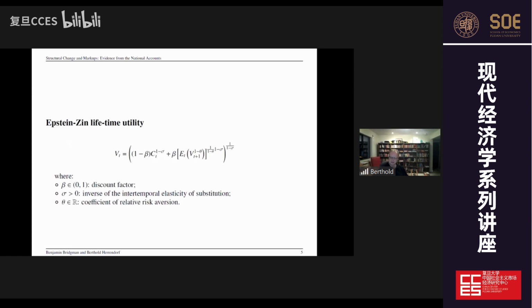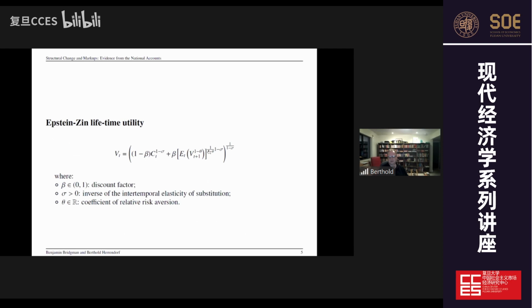Disaster risk. So in order to get this off the ground, we're going to use an Epstein-Zin lifetime utility. If you have never seen this, this is a little more involved than the usual one. To fix ideas, just imagine you had sigma equal to 1.